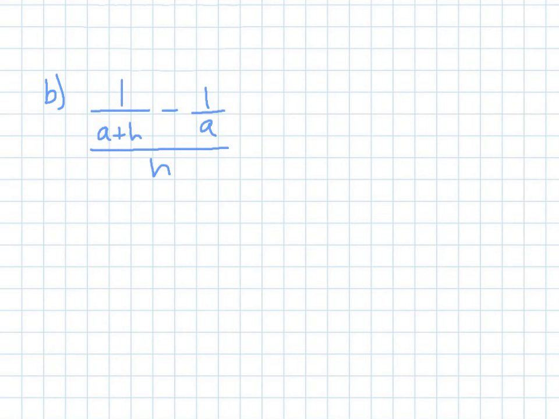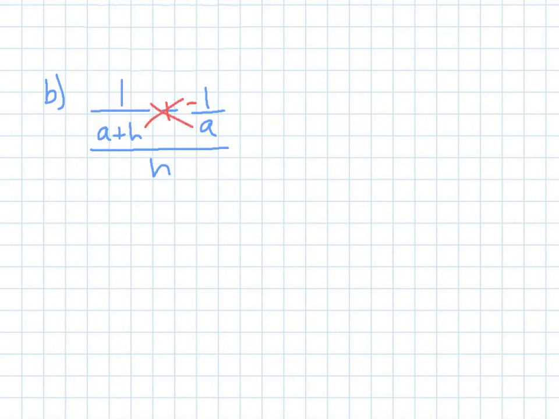Here, now notice the denominator is just h. It's already complete. It's one thing. Okay, the numerator needs to be put together, so the 1 over a plus h and the minus the 1 over a needs to become one fraction. So here, let's do the same thing, and just to make that easier, I'm going to move that up.